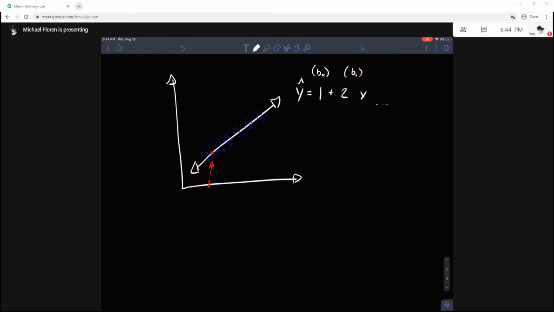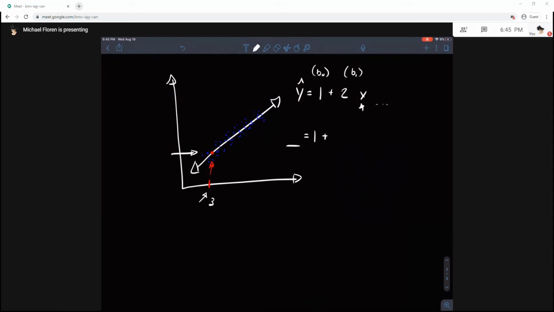If I want to predict what the y value will be at a given x value, all I have to do is plug the x value into my equation to get what the y value is going to be. Thus, if I want to calculate what the y value will be if x is, say, 3, I simply plug in 3 into this equation for x.